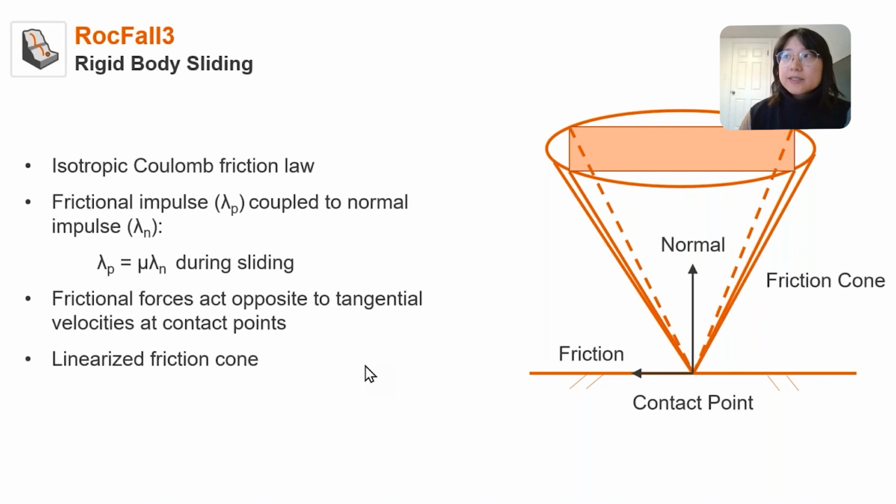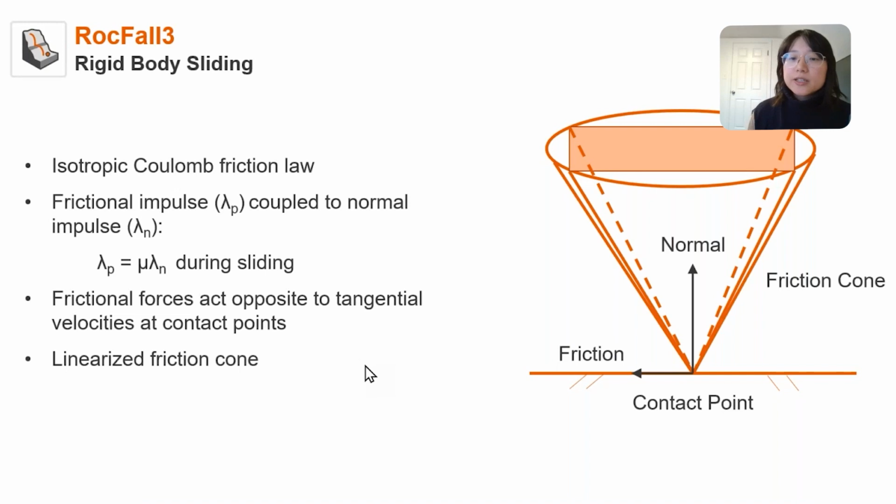The rigid body sliding calculation uses a planar friction model or a friction cone that obeys the isotropic Coulomb friction law. This means that the same dynamic frictional property is applied in every direction on a plane, and the frictional impulse is coupled to the normal impulse.